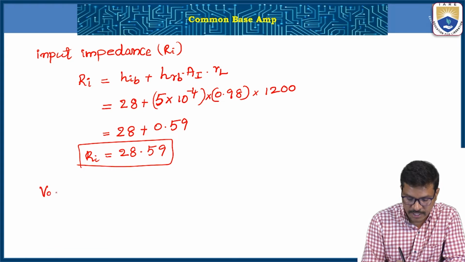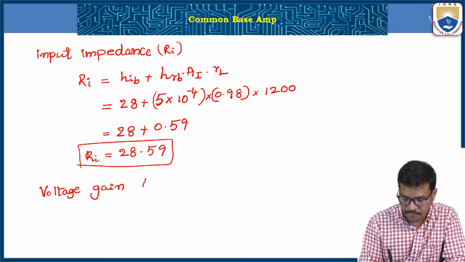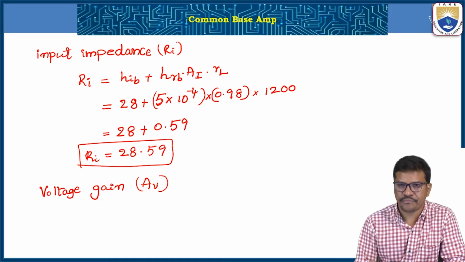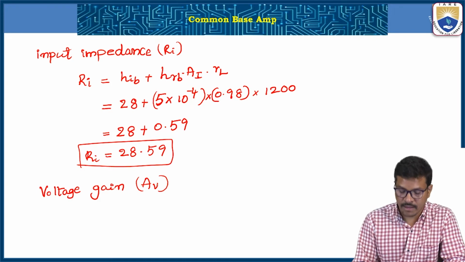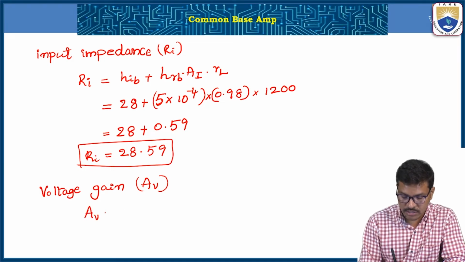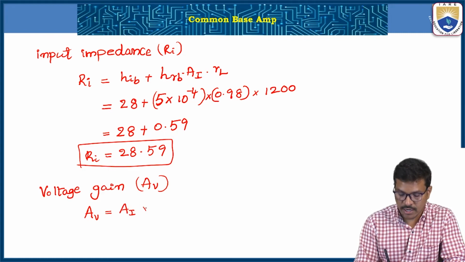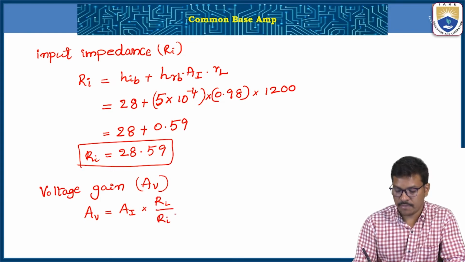Then voltage gain. AV is equal to current gain into RL by RI.